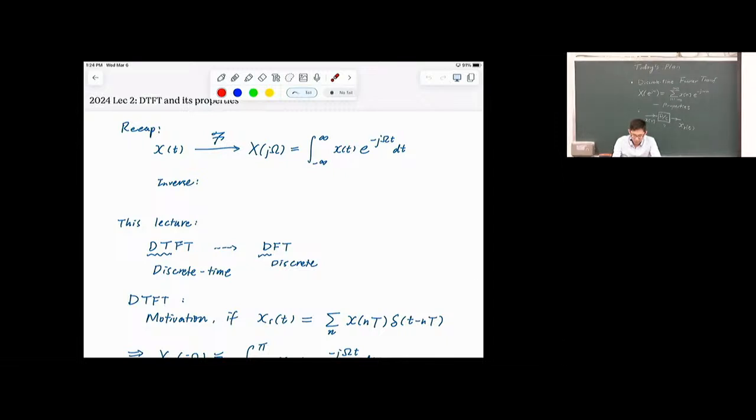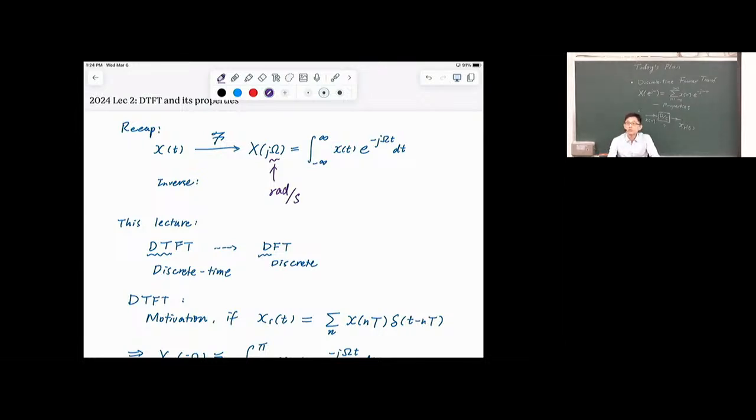We have here a definition denoted as a script F, which goes from time domain to the frequency domain. And in this case, this is our frequency variable in radian per second, okay? It's a continuous spectrum.